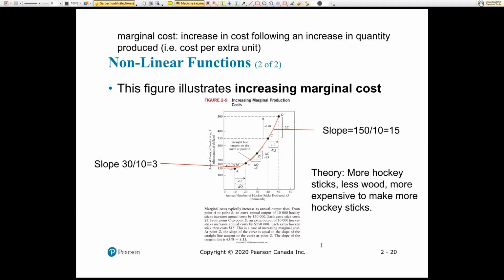I have a question. In these kinds of graphs, is there always an external variable that affects the theory? Like now you're saying less wood. So I have to be expressing something.